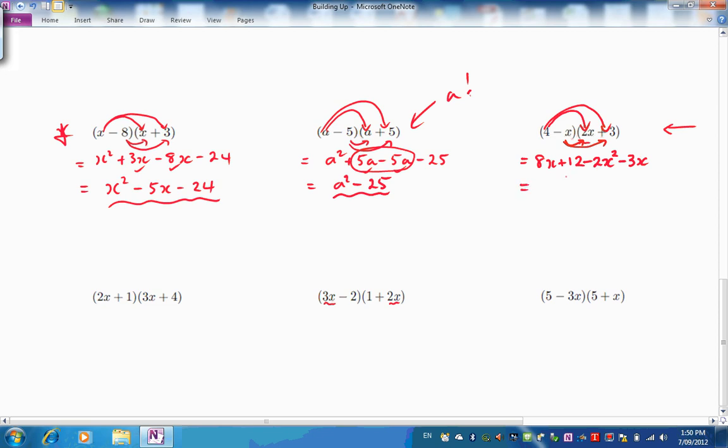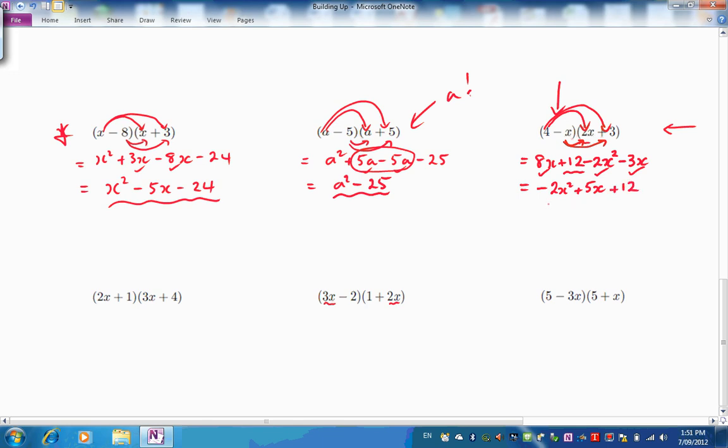Now what a higgledy-piggledy this turned out to be, because this front bracket had the x at the back instead of the front. Let's not worry. Let's put the squared term first. Neg 2x squared. Then we've got 8x take 3x is 5x. Notice how it's important from before that we collect up the terms that are like each other. What's left? Just the plus 12.